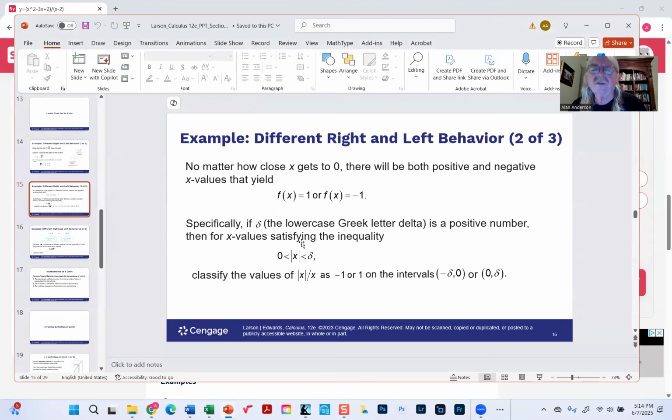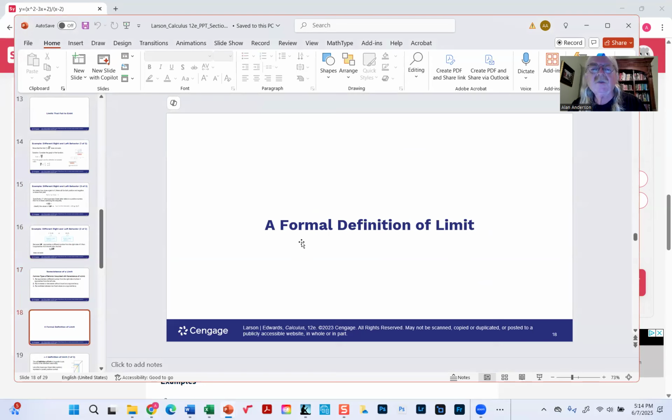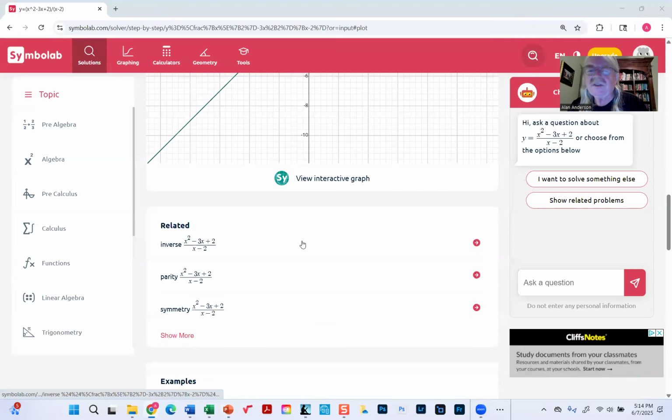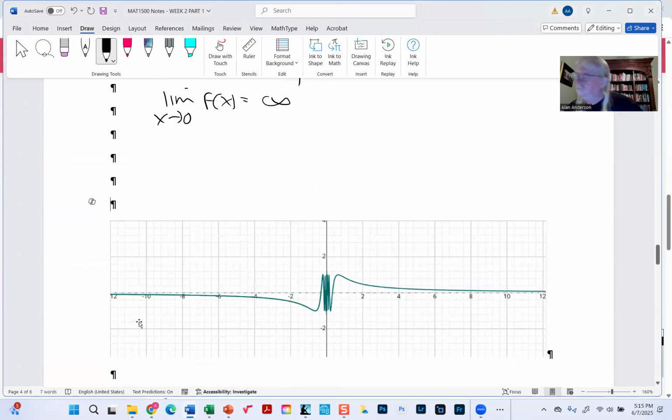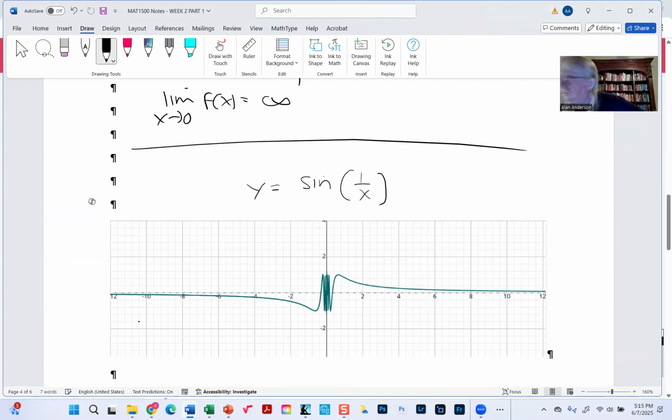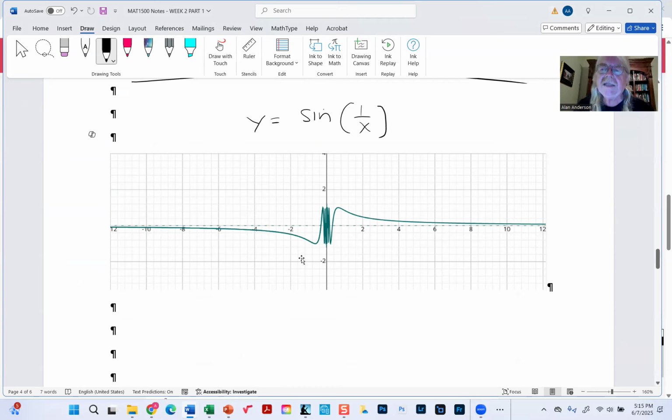Now that's very difficult to visualize. That's why I went ahead and did this ahead of time. This graph is the graph of sine of 1 over x. And you can see it goes up, down, up, down, up, and down. As we approach zero, it keeps alternating back and forth between two different values. And it never actually converges to a single number.